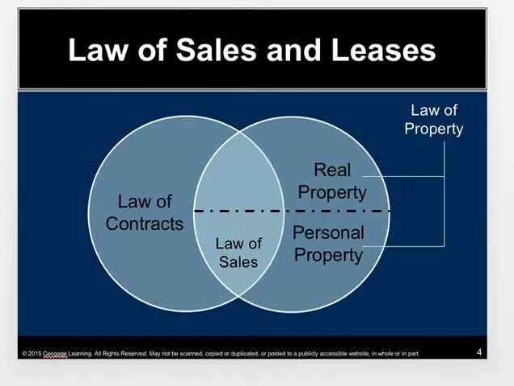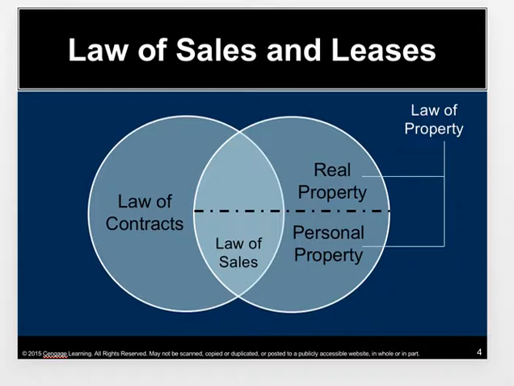So when we're talking about the law of sales and the law of leases, really we're talking about the law of property. Within the law of property, we have real property and we have personal property. And there's almost like in this Venn diagram that we're looking at here, there's really an intersection of both the law of contracts and the law of personal property. We're talking about sales. Usually sales, again, as we mentioned, are the exchange of goods.